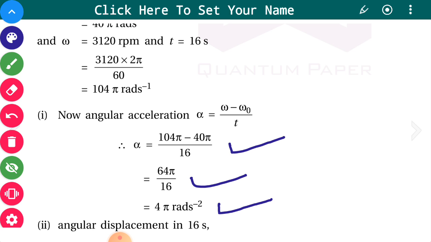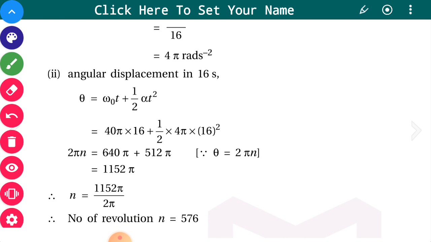Very easy calculation. Now we want to calculate the angular displacement in 16 seconds, so the angular displacement theta is omega 0 t plus 1/2 alpha t square. The values are there: omega 0, time is 16 seconds, alpha we got 4 pi radian per second square, and time is 16 seconds.